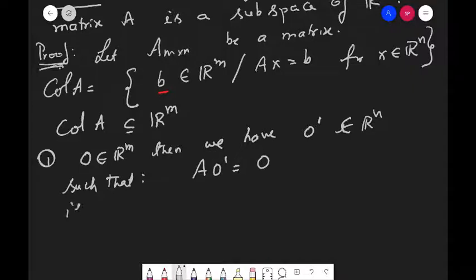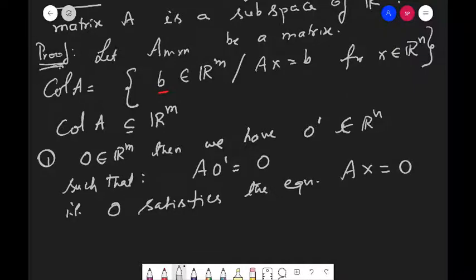That is, 0 satisfies the equation Ax is equal to 0. Then this implies the 0 vector belongs to column A. 0 in Rm belongs to column A. That is the first condition.